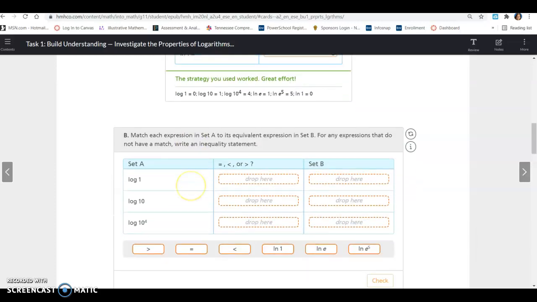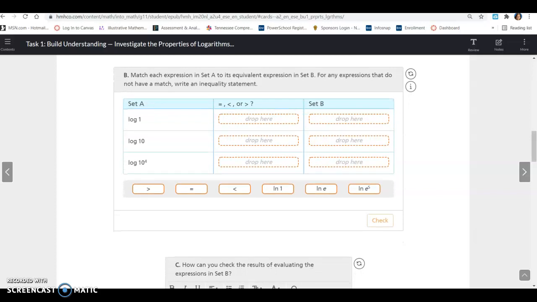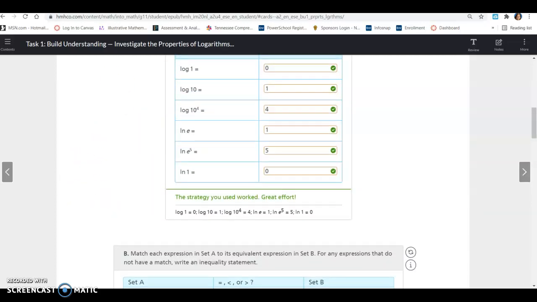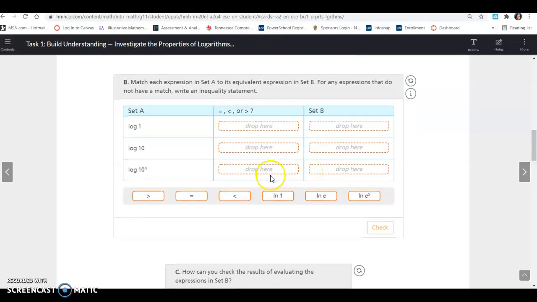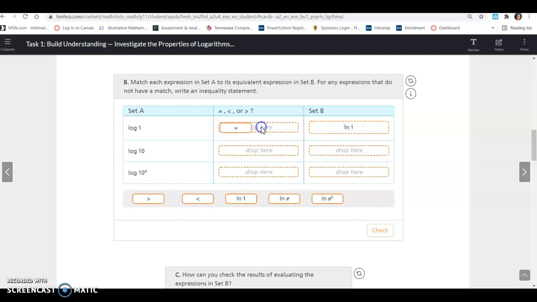All right. It says match each expression in set A to its equivalent expression in set B. For any expressions that do not have a match, write an inequality statement. All right, so log of 1, that was the same as natural log of 1. So those were equal.